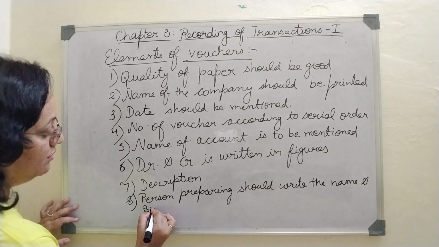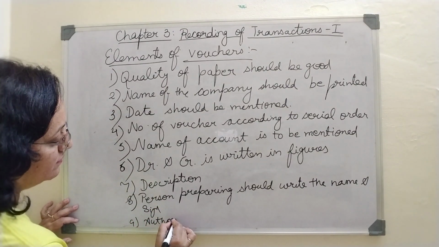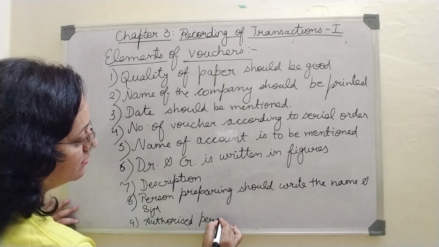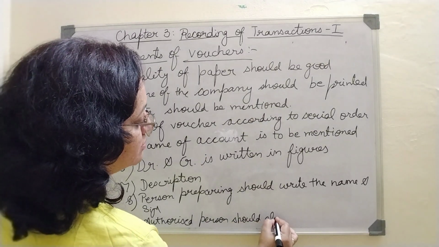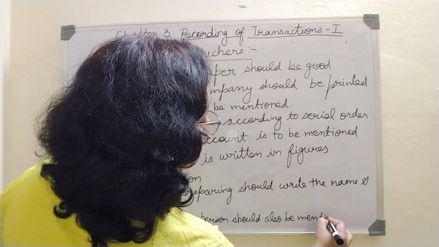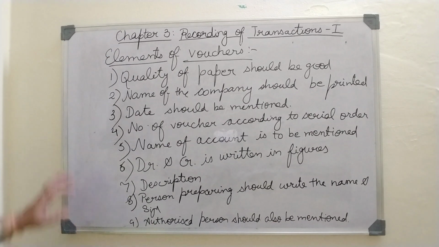And at the end, the authorized person should also be mentioned. If the sign is taken, then it will be well and good. If the authorized person is not available, then the name should be mentioned. So these are the important elements of the voucher which have to be taken into consideration.